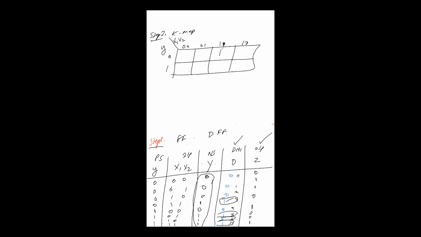So this is for the D flip-flop. I have to pair them. So pairing is done like this. D flip-flop expression will be Y x1 plus Y x2 plus x1 x2. This will be the expression that you will get.